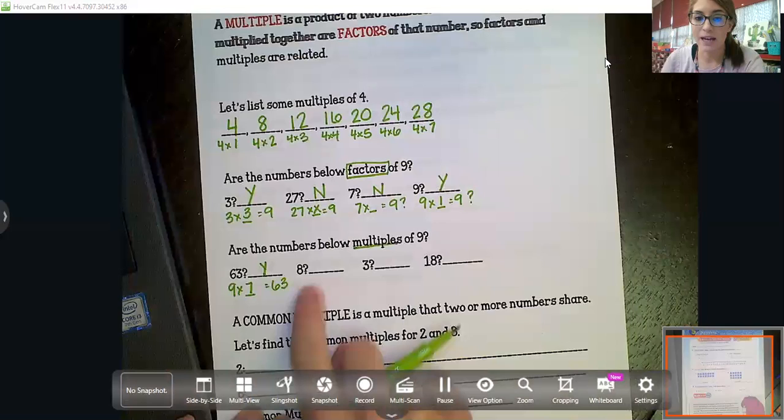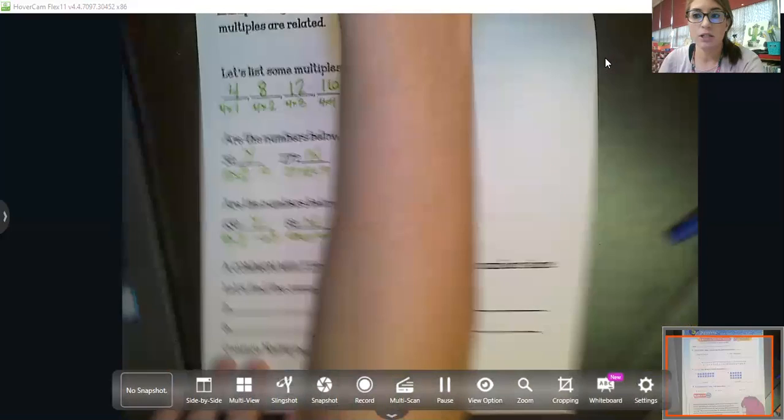All right, well, let's switch gears. Let's look at multiples of 9. Remember, multiples means when we multiply 9 times something, it gives us this number. Does anything times 9 give me 63? Yes, it does. So 63 is a multiple of 9. What about 8? Does 9 times something give 8?